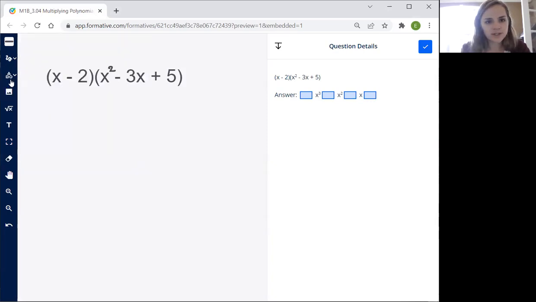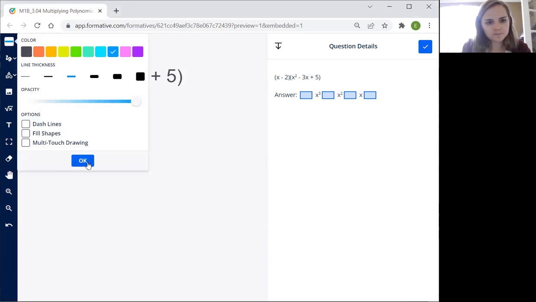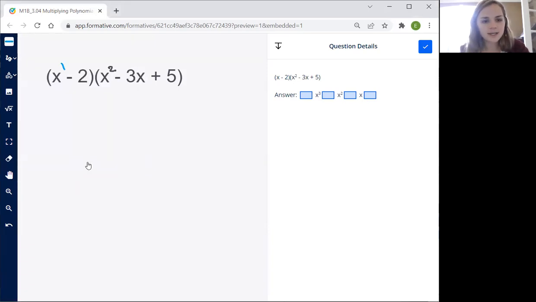So if I distribute, for this one I want to do 2 times x squared, which gives us x to the third, because it'd be 1 plus 2. Then x times negative 3x would be negative 3x squared.